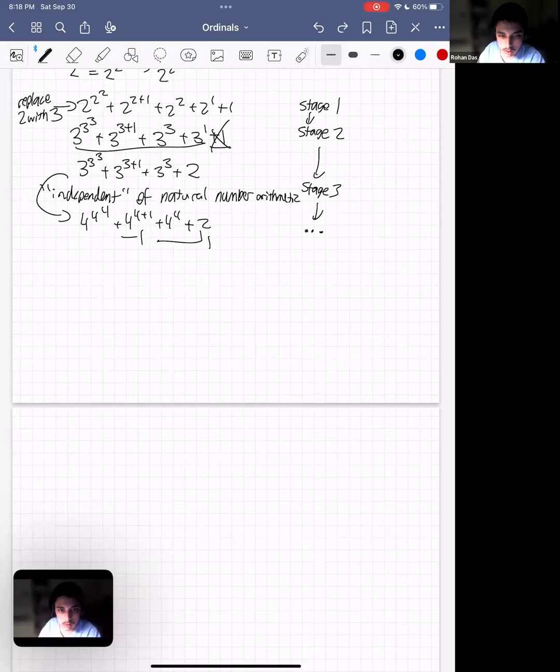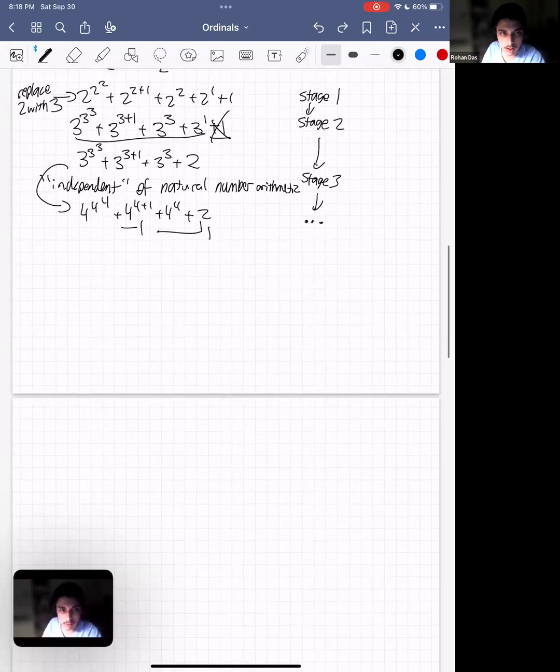So the standard proof for this is to create a paralleling sequence to the Goodstein sequence. And I'm going to demonstrate it for our example of 31. We start with 2 to the 2 to the 2 plus 2 to the 2 plus 1 plus 2 to the 2 plus 2 to the 1 plus 1.